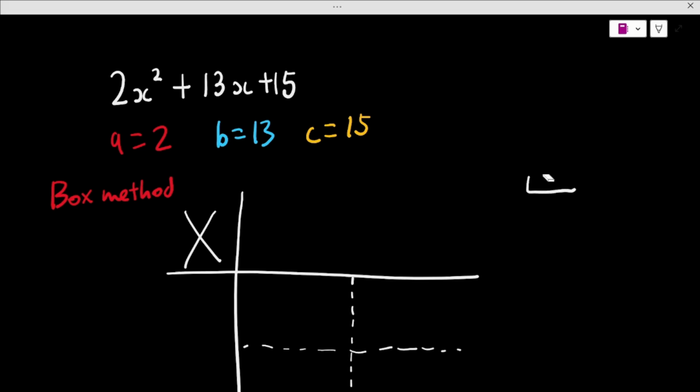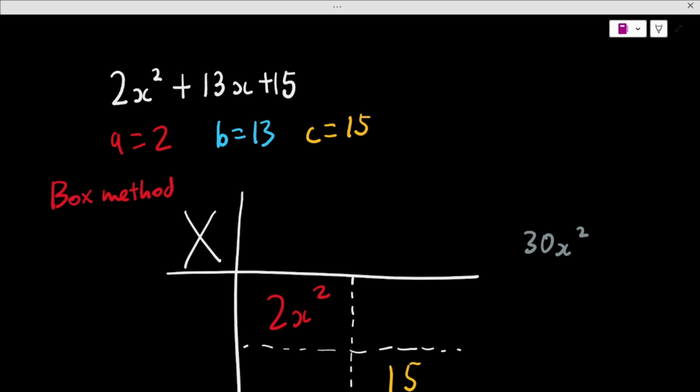This is really up to you. First, let's fill the top left area with 2x squared. Then we fill the bottom right area with 15. We are going to take these two numbers and multiply them together. So that gives us 30x squared.